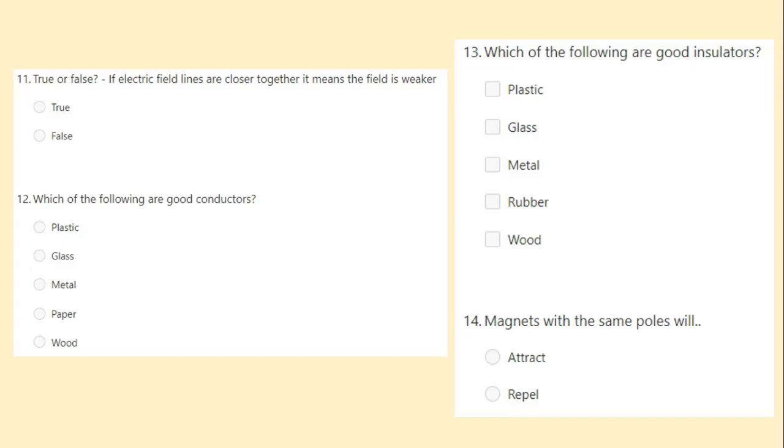Question 14 is: will magnets with the same poles attract or repel? You need to decide. If you need more time on these questions, please pause the video. We will now move on to the next set of questions.